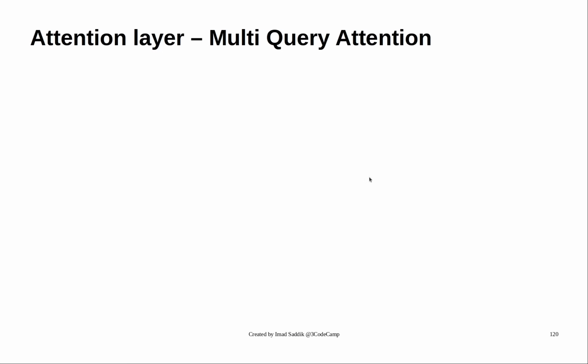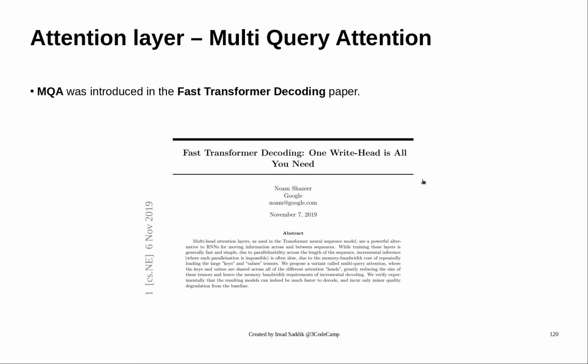The first method that we are going to compare against multi-head attention is multi-query attention. This method was introduced in the Fast Transformer Decoding paper. Click on the image if you want to read more about that paper.